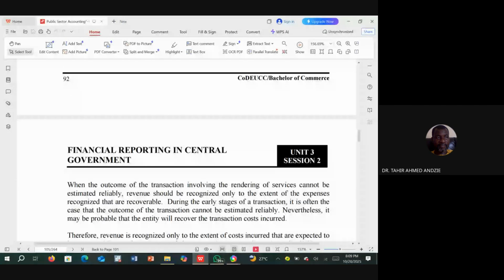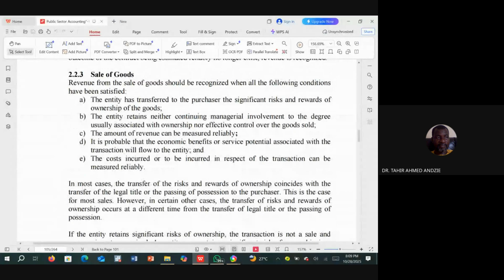So when we talk of the goods, then the entity has transferred to the purchaser the significant risk and reward of ownership of the goods. This condition is the same as we have in the private sector, because once the seller has transferred the risk and reward relating to the goods to the customer, and the customer has accepted them, then the revenue has been recognized.